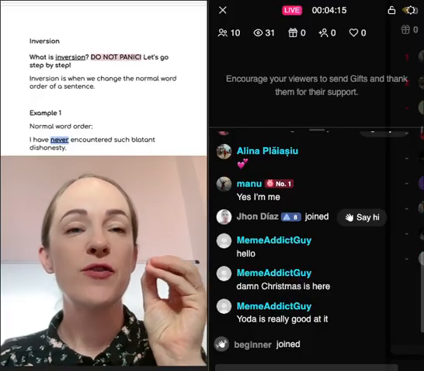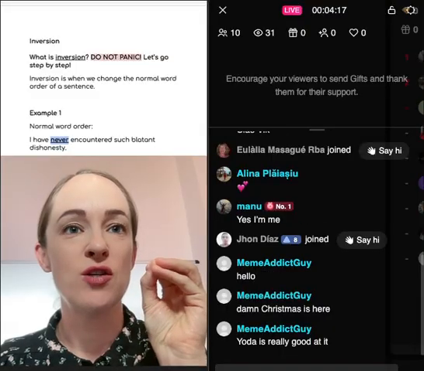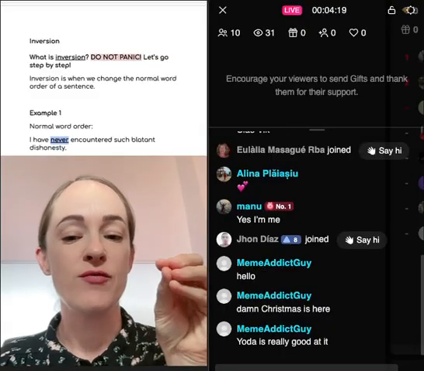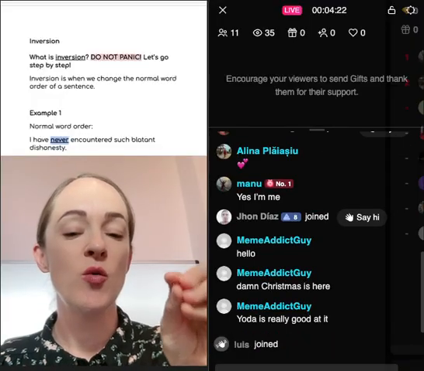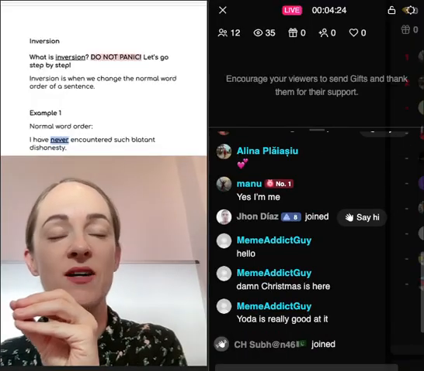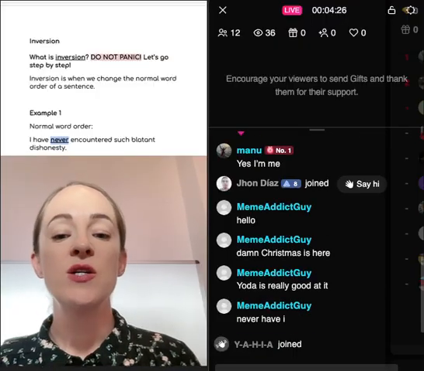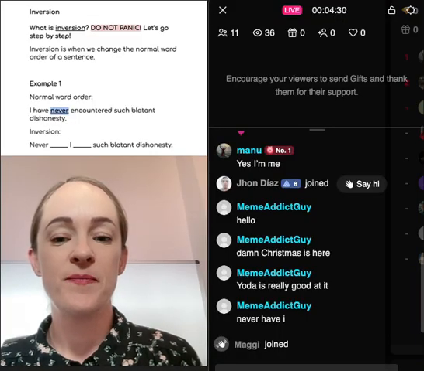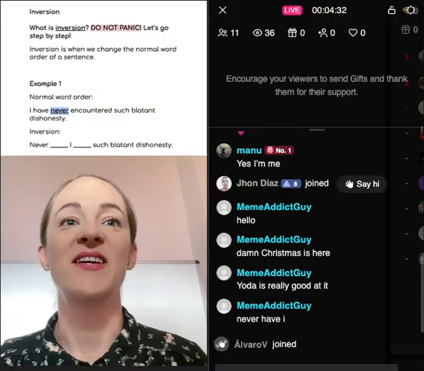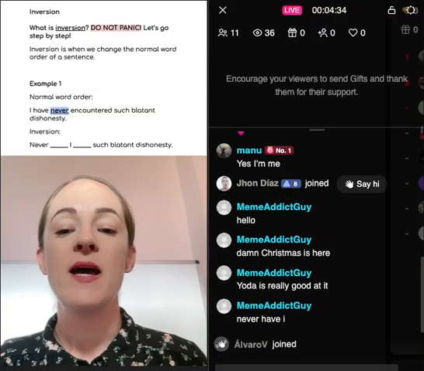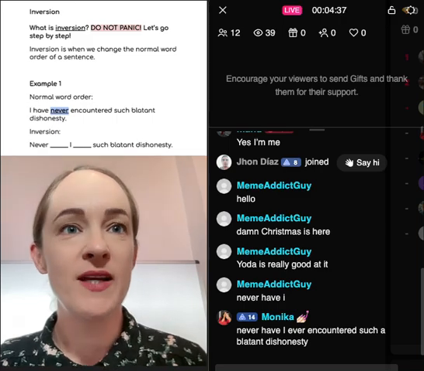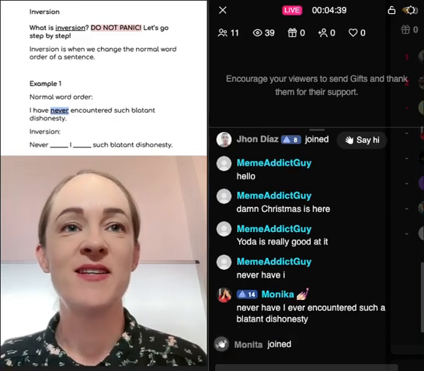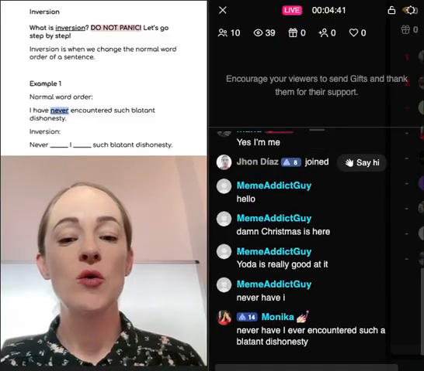So the first step is we are going to move the position of never. Instead of having never after the auxiliary verb, we're going to move never to the beginning of the sentence. Does anybody know the answer? You can type. Never goes to the beginning of the sentence. Well done.